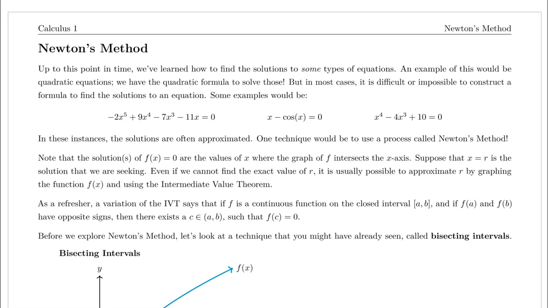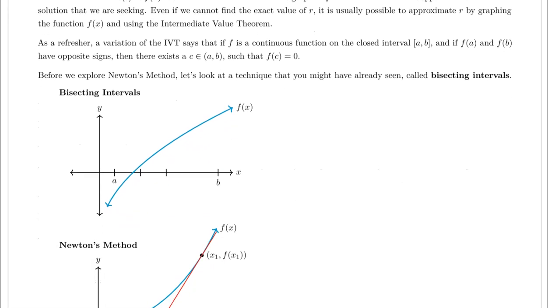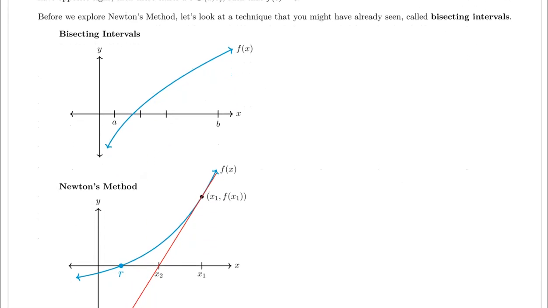Before we explore Newton's method, let's look at a technique that you might have seen already called bisecting intervals. In this graph, we have some function f of x, and we're trying to find the solution to f of x equals 0 on the interval from a to b.